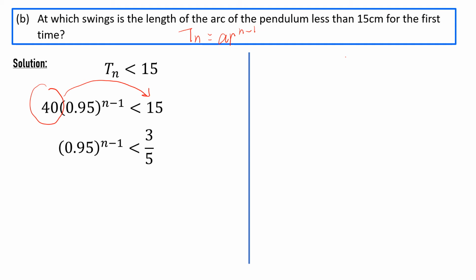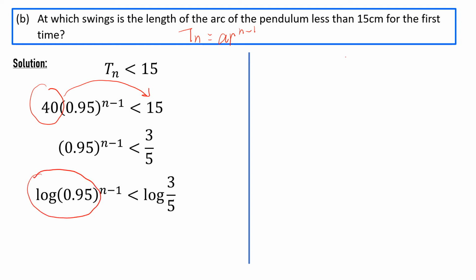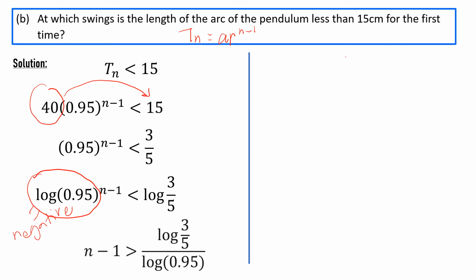To solve this indices problem, we need to log both sides and check the value of log 0.95 before we simplify these inequalities. And take note that this value is negative. What will happen here? This sign will change.